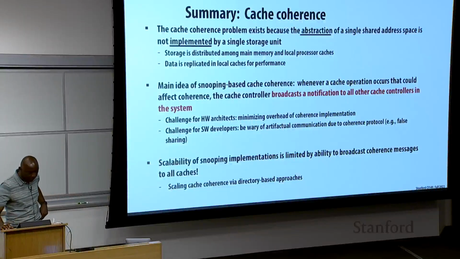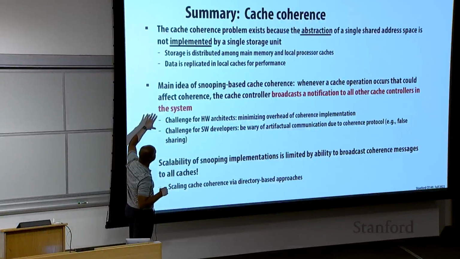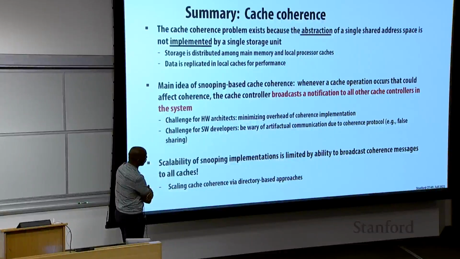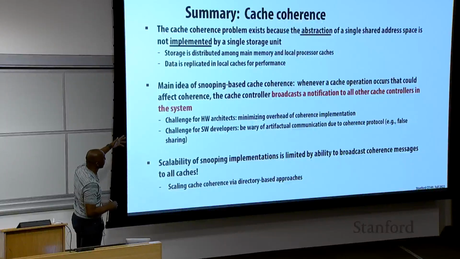We said that you could implement cache coherence using a bus as a broadcast notification mechanism and snooping.